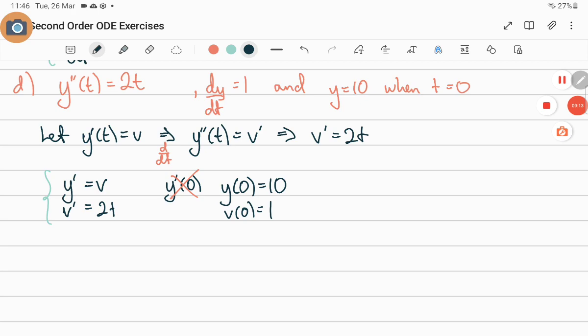Oh, I need an extra line. 0.5, 1.5, and then we have y, initial y is 1, and then say v, and initial v is minus 2. Right, and we want to find y3 here, and y3 will approximate the y value 1.5. That will be our answer.